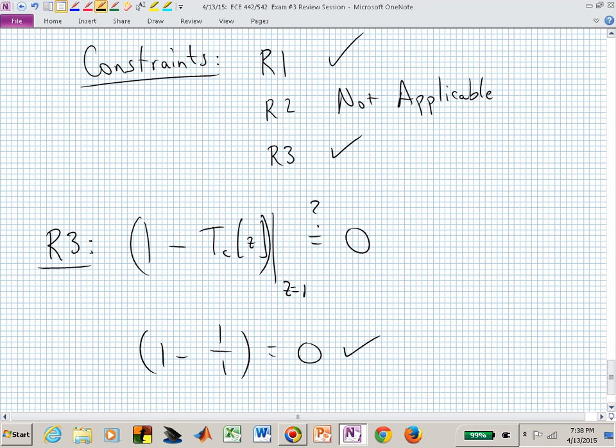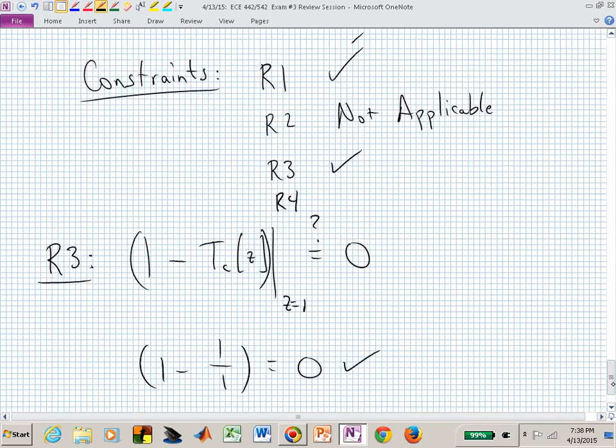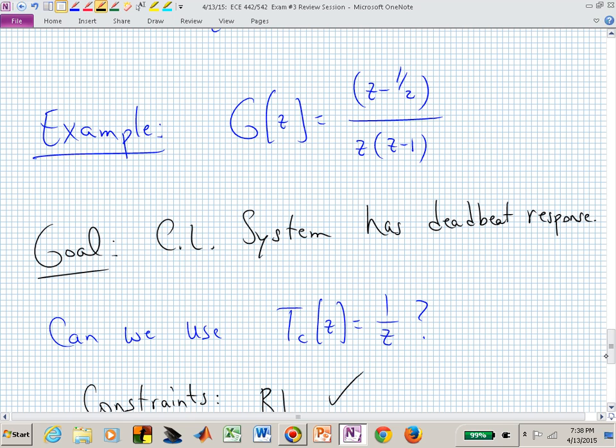What about constraint R4? Did we say anything about steady state accuracy? No. So R4 really isn't in play, is it? We don't have to worry about steady state accuracy, but what can you say about steady state accuracy based on G of Z?